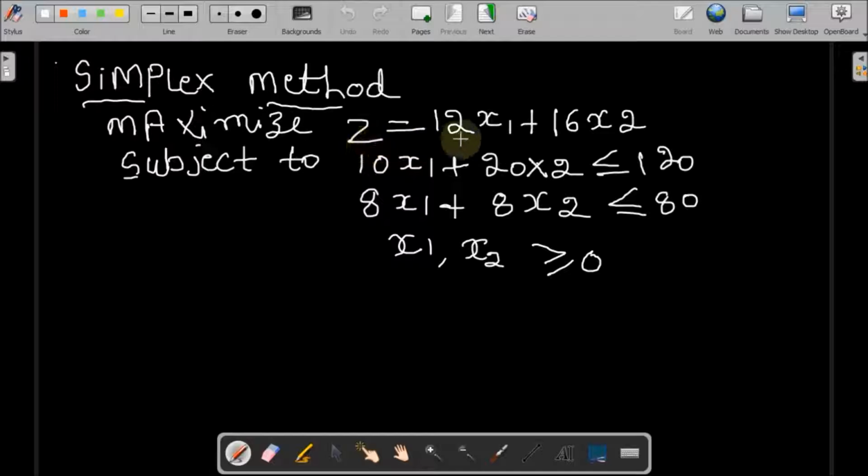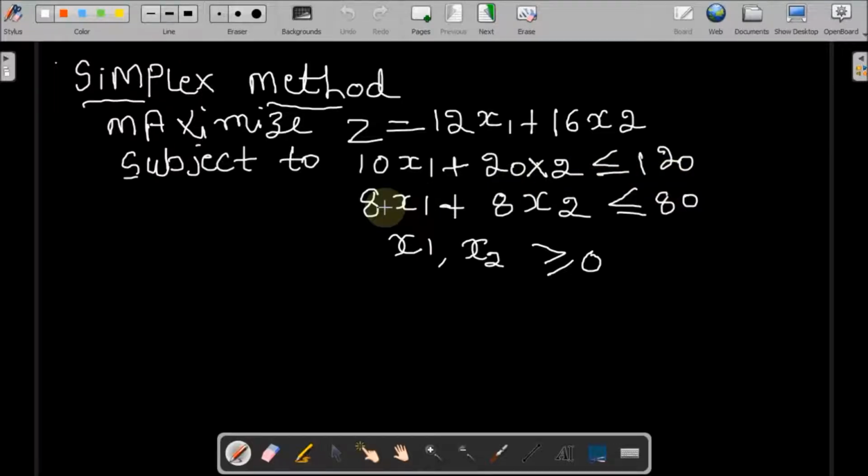The objective function is Z equal to 12x1 plus 16x2, and there are two constraints here: 10x1 plus 20x2 less than or equal to 120. Sorry for the handwriting, guys.